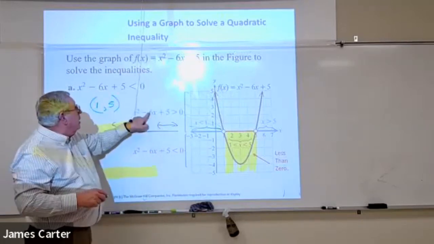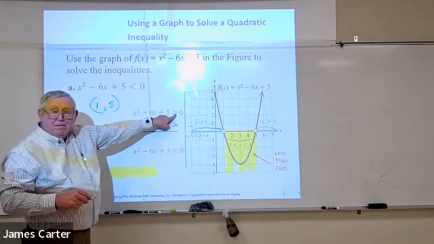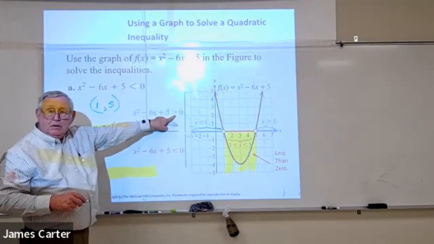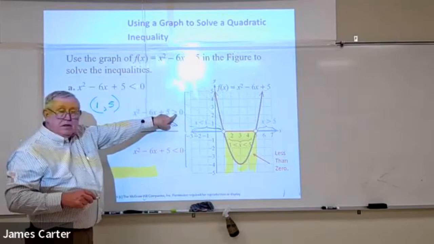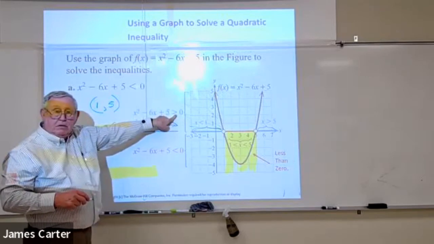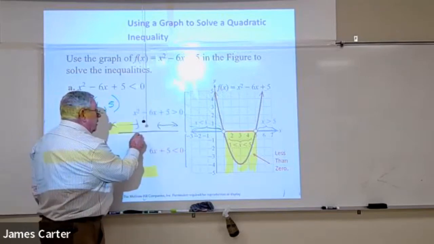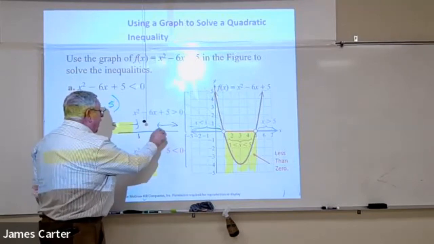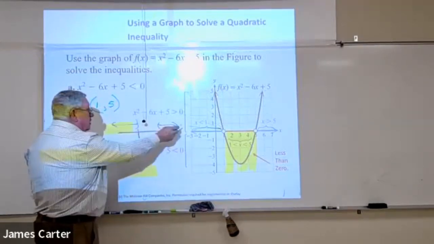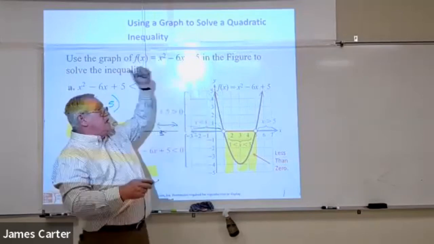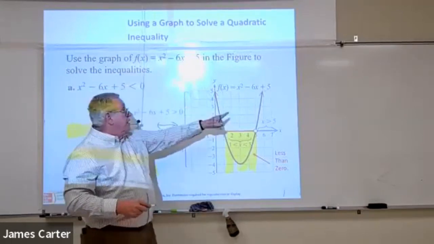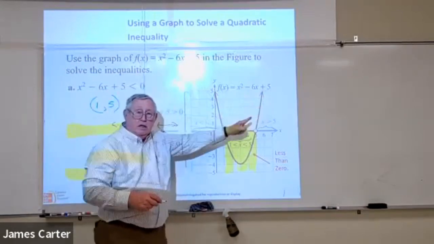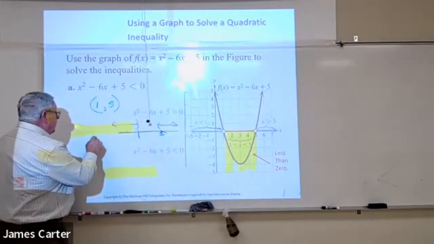Because you're asking, what are the set of X values that meet this rule? This shape and above the line. Well, right here is 1, here is 5. And it's everything this way and everything that way, because this thing keeps going that way. And that thing keeps going that way. So what is my answer then?